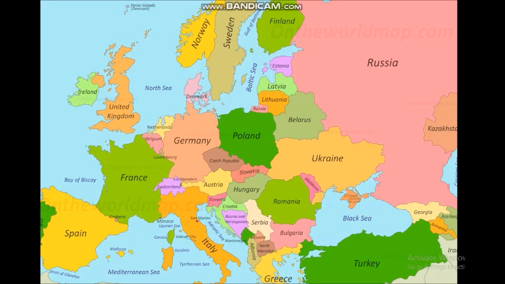Here you are looking at Germany. The other countries on the continent, the neighboring countries, are France, United Kingdom, Netherlands, Belgium, Sweden, then Poland. Through this, we can easily understand that Germany is in the middle of the continent.